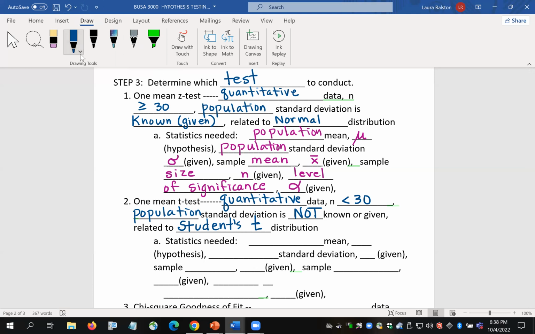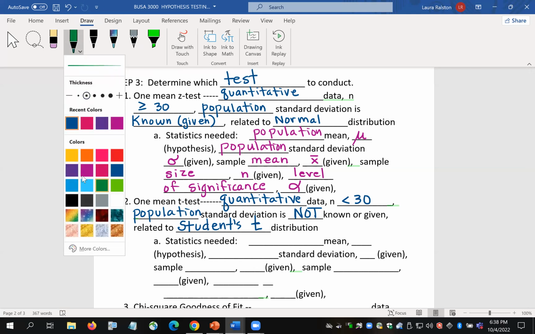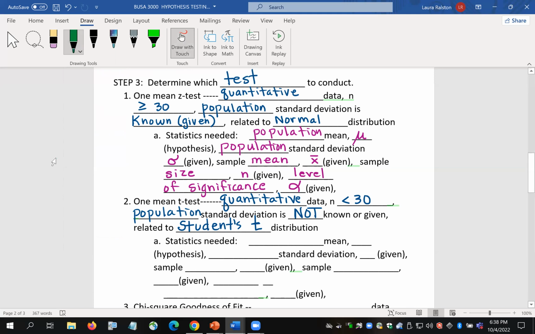The statistics that you need for doing a one mean t-test are very similar to the z, with one exception. You still have to have the population mean, which is represented by mu. You're given the sample standard deviation, which is S. The difference, which is the same difference you had with confidence intervals, is you use Z when you know the population standard deviation.